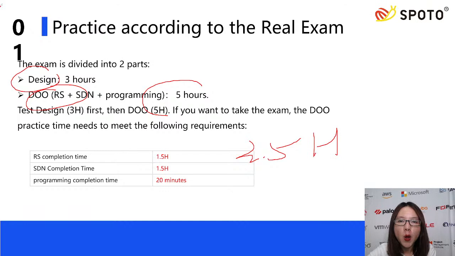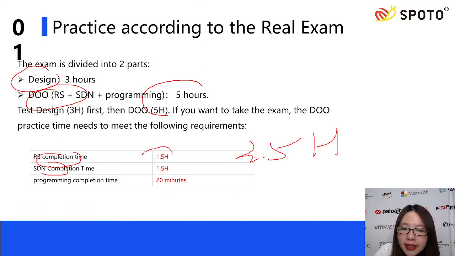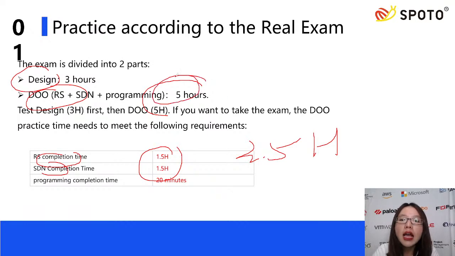For example, routing and switching each need 2 hours. Routing and switching and SDN each are required to be completed within 1.5 hours. Many students find it strange that DOO has 5 hours. Why are the requirements so high?